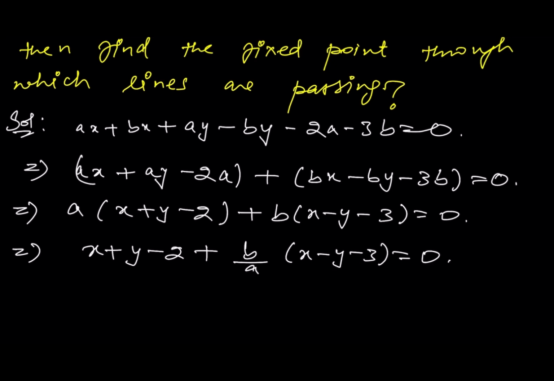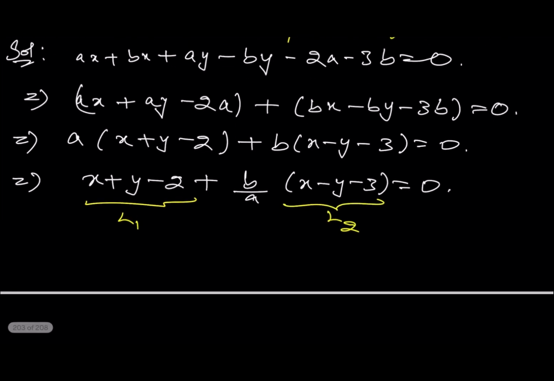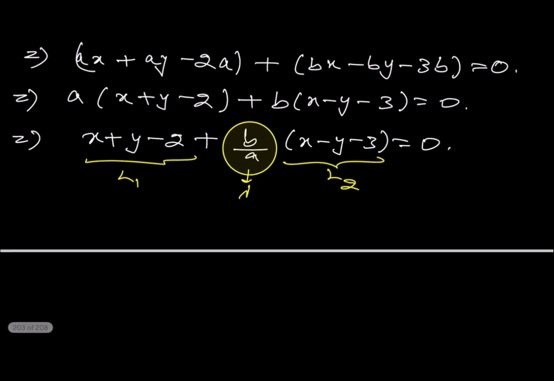Again this picture becomes like L1 plus lambda L2 is equal to 0. This is L1 and this is L2, where this b by a is acting as lambda, because a and b are real and lambda is also real.